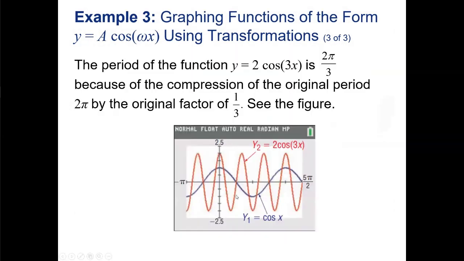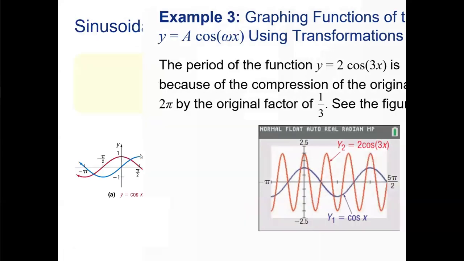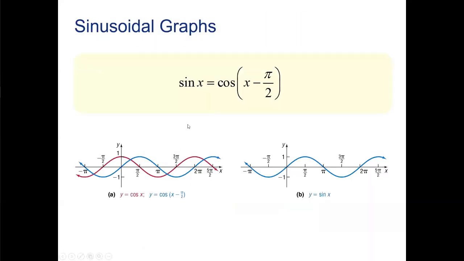And if we look at the way we saw this on the Desmos graph, this was the original cosine. And when we squeezed it by that factor of 1/3, we made the period shorter. So what used to be a period of 2 pi is now a period of 2 pi over 3. Notice that the x coordinate goes from 0, and then the next top is at 2 pi over 3 here. Okay.